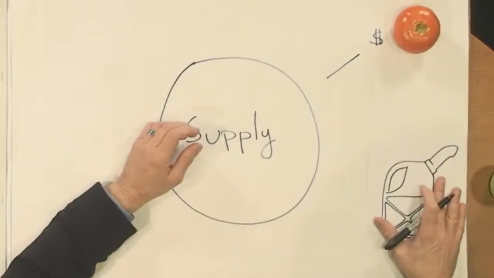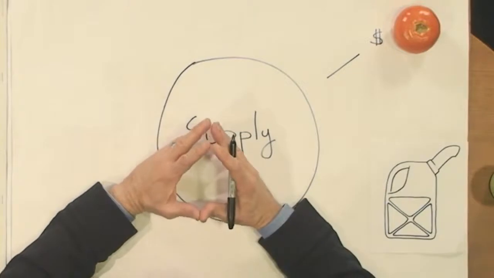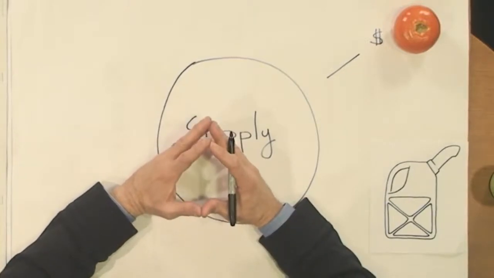The second thing is the cost associated with supplying the tomatoes. One of those costs could be the gasoline you need to bring the tomatoes from your farm to the farmer's market, the gasoline to power your tractor in the field, and what the workers use in the field. All of those are inputs you use to supply the tomatoes.